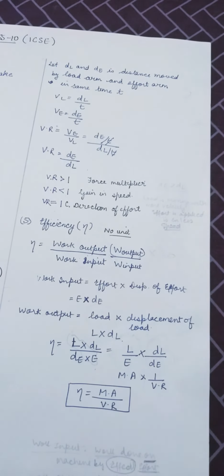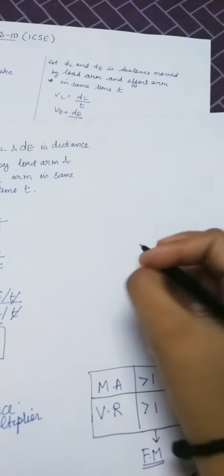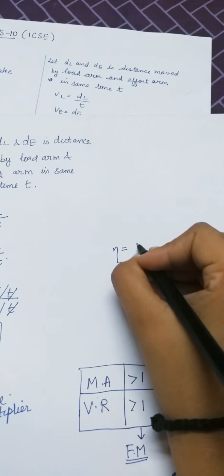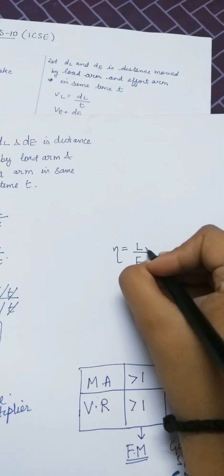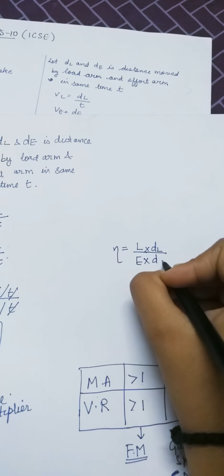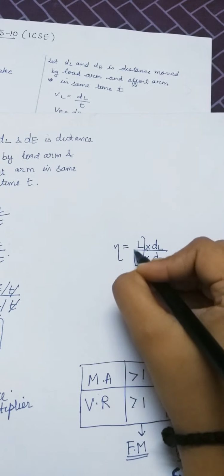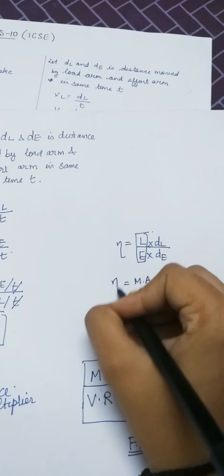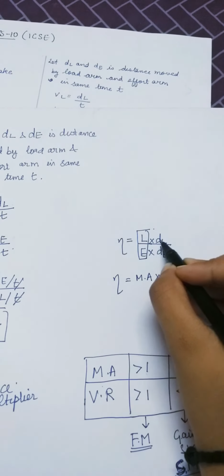Now see, this is what I am having. I'll just write it here. Efficiency is equal to load by effort into dL by dE. If you remember, load by effort is nothing but mechanical advantage, into dL by dE.